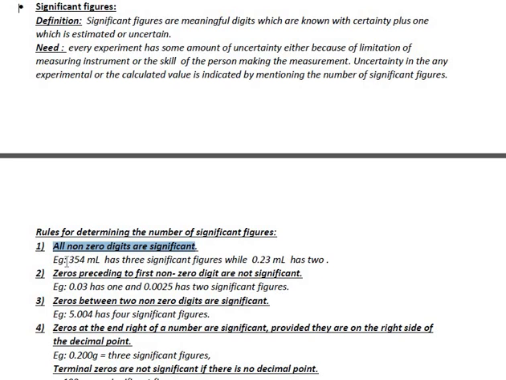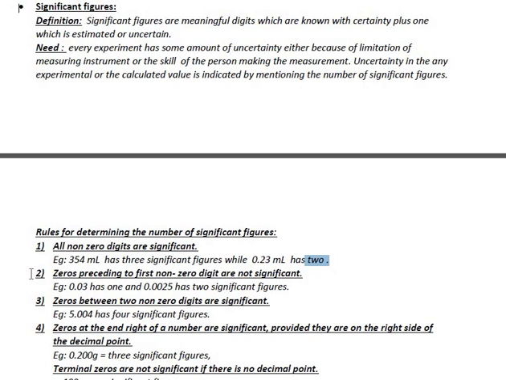If it is mentioned that the volume of any substance is 354 ml, it has all non-zero digits, so 354 ml has 3 significant figures. While if we say that the volume is 0.23 ml, now 0.23 ml has 2 non-zero digits, so it has 2 significant figures.